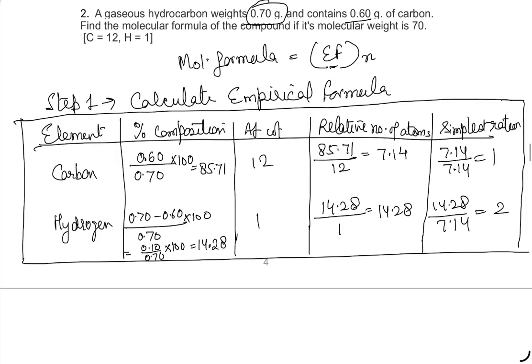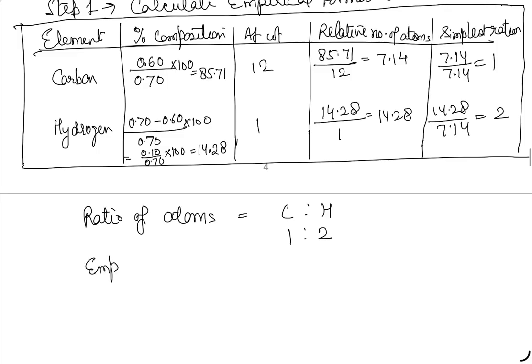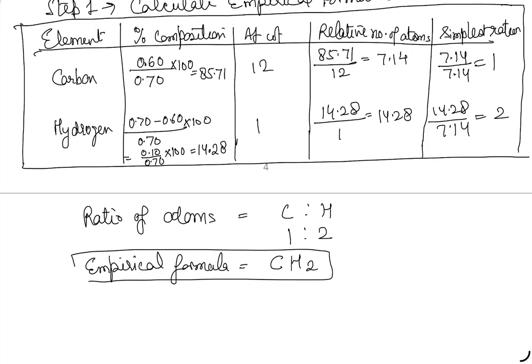So my mole ratio I am getting is C 1 and hydrogen 2. So the ratio of atoms, C is to H, is 1 is to 2. So my empirical formula, as you can see here, what we are getting by calculation is CH2.